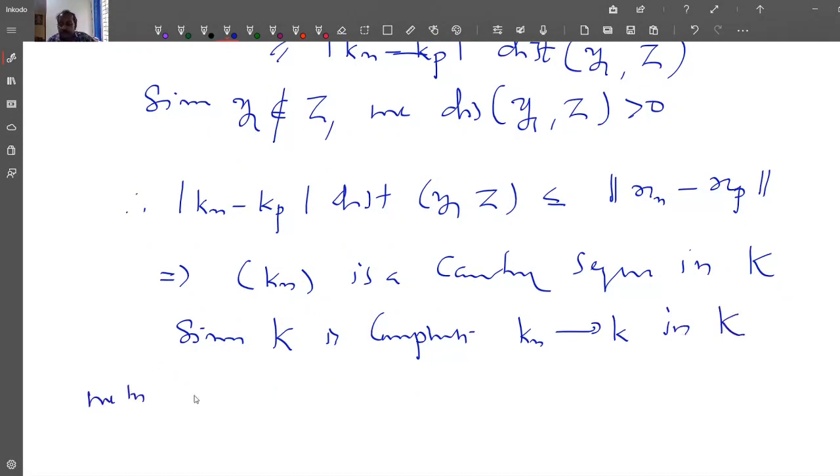We have x_n is equal to k_n y1 plus z_n. So this implies z_n equals x_n minus k_n y1.